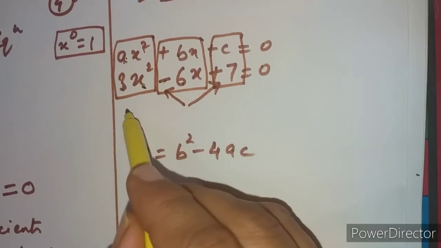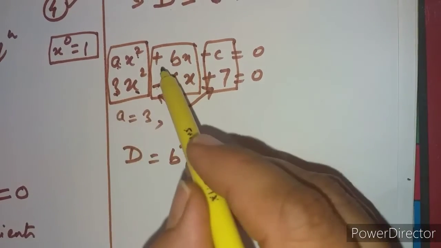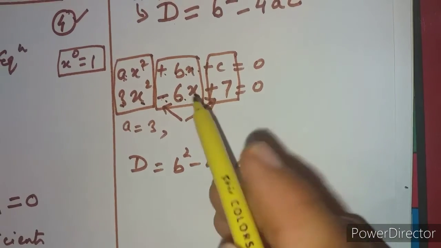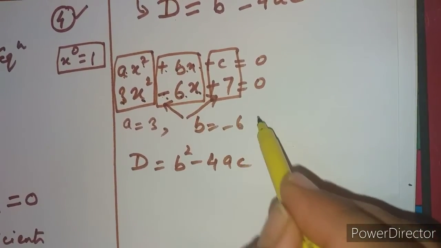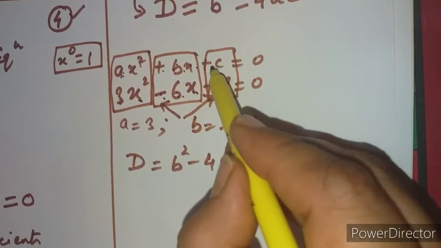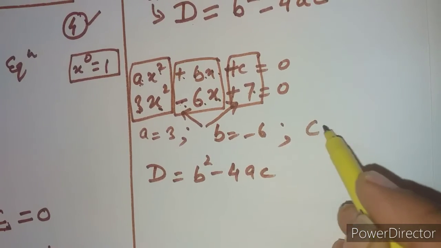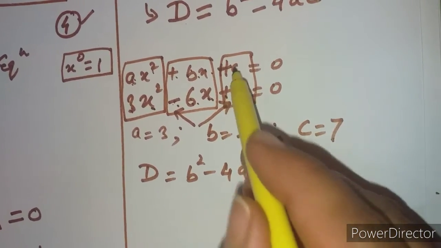Instead of a, what we have got is only 3, with a plus sign. Second is plus bx, here we have got minus 6x, x and x are the same. So in place of b, I have got minus 6. Third, it was plus c, and here we have got plus 7. So instead of the constant term, I have got a plus only. Plus matches, nothing to worry.